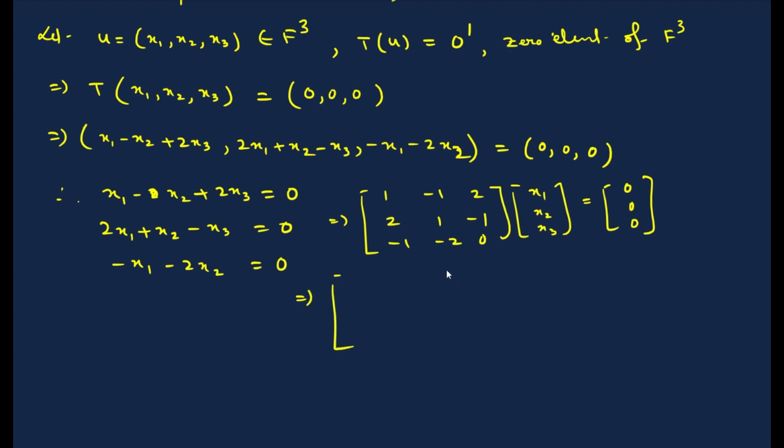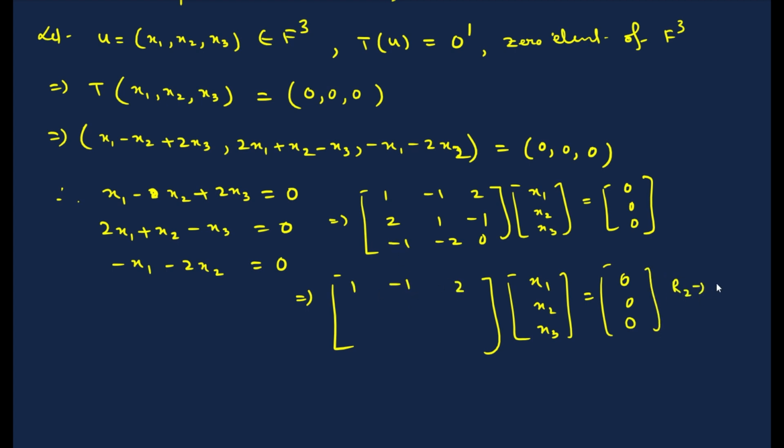After that, what to do? I think you still remember, we have to make these elements 0, right? So the first row is fixed. R2 goes to R2 minus 2R1, and then R3 goes to R3 plus R2, just simply adding R3 and R2.